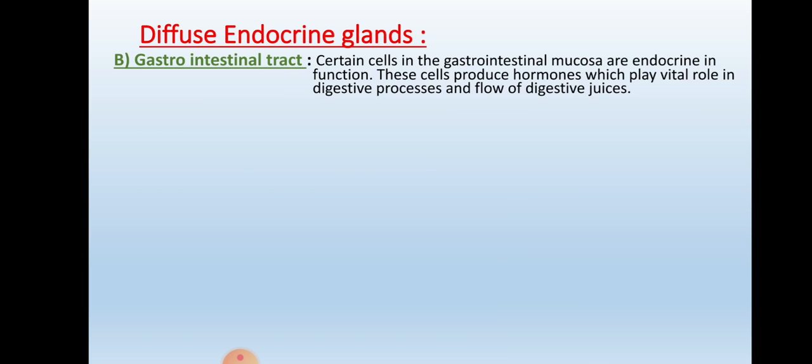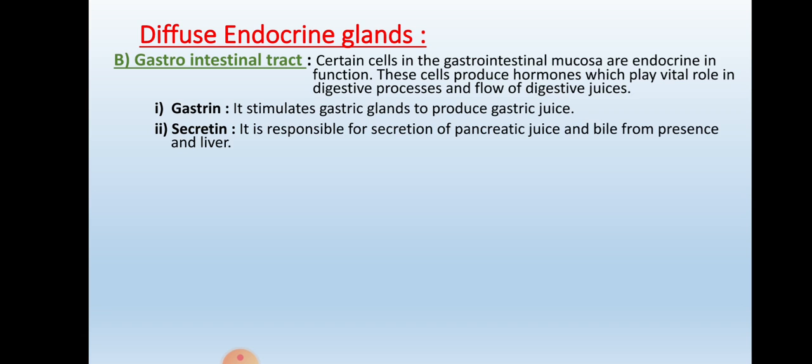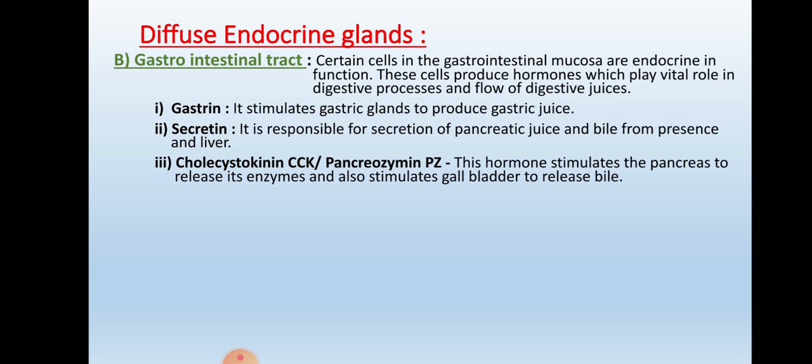Then the second gland is the gastrointestinal tract. Diffuse glands are found here. Cells of the gastrointestinal mucosa produce hormones and play a very important role in digestive processes and flow of digestive juices. The first hormone, gastrin, stimulates gastric glands in the stomach to produce gastric juice. Then secretin is responsible for secretion of pancreatic juice and bile from the pancreas and liver.